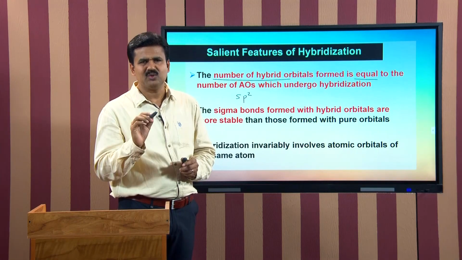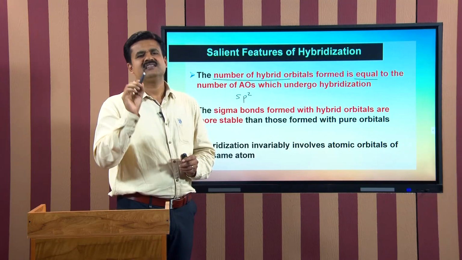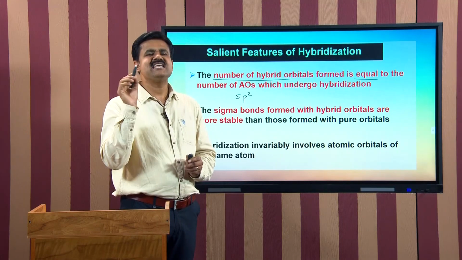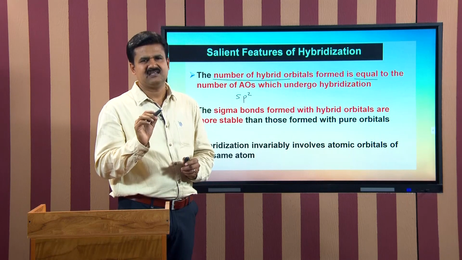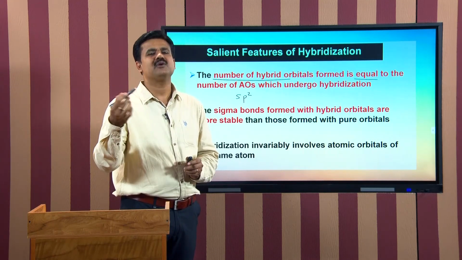So, there is hybrid orbital formation during the generation of CH4 molecule. That is, the CH bond formed has high strength compared with the bond which is produced from pure orbitals.